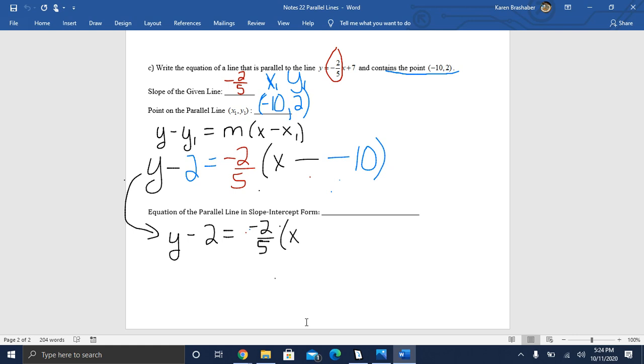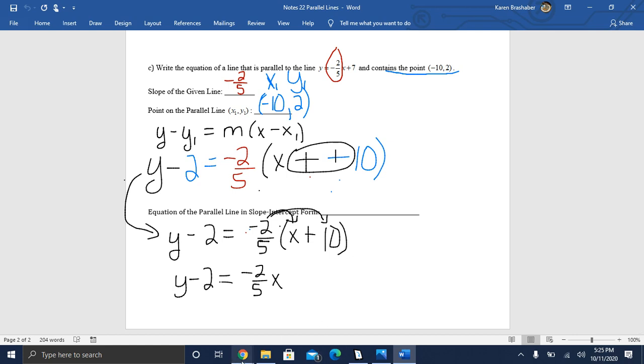And then x, and this double negative becomes plus positive, so plus 10. We will need to, if we're going to get it to slope-intercept form, distribute. And so to do that, we'll have y minus 2 equals negative 2/5 x. Now, you have to take negative 2/5 times 10.